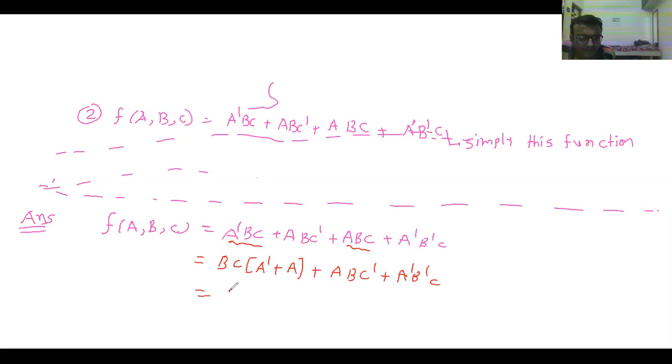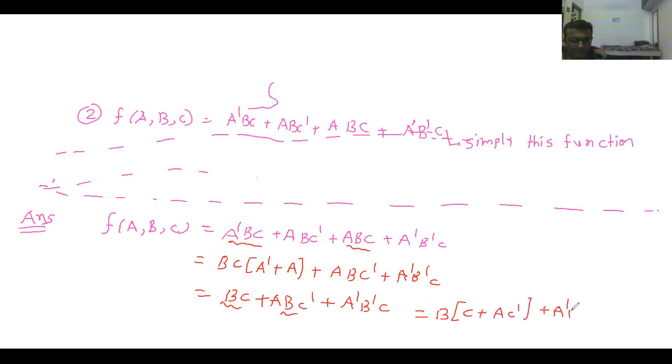So a dash plus a, which is equal to 1, plus a b c dash plus a dash b dash c. So now b can be considered as a common. So b common, bracket c plus ac dash plus a dash b dash c, which is considered as a final answer.